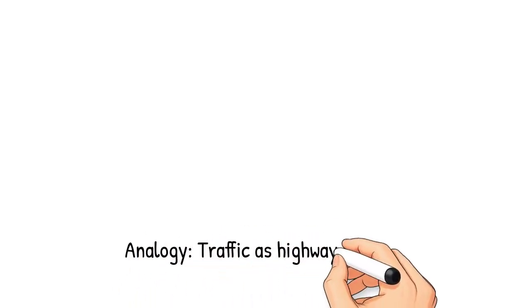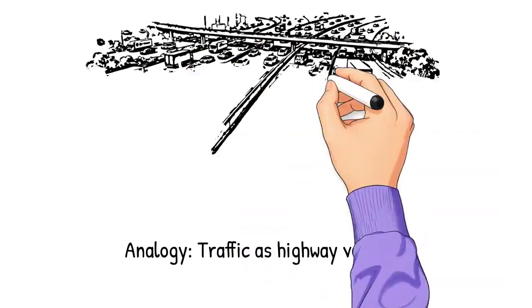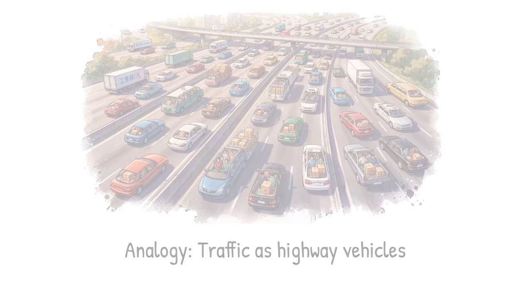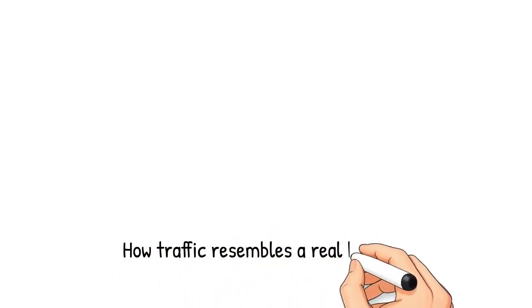Analogy. Imagine a massive highway system with millions of cars, trucks, buses, and motorcycles moving in every direction. Each vehicle has a destination. Each follows a route. Each carries something inside: passengers, goods, or empty space. Now imagine you're a traffic officer watching this highway from above.